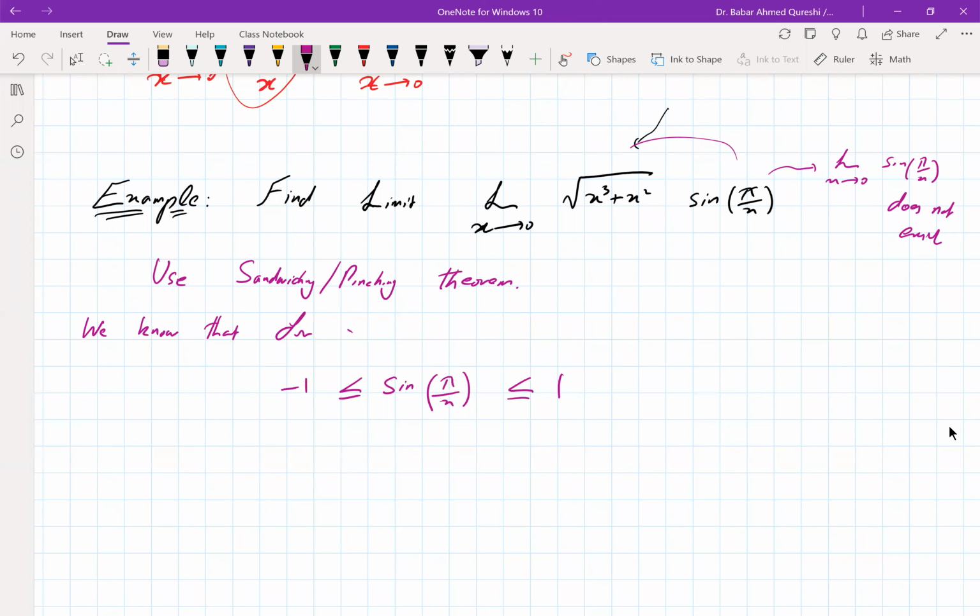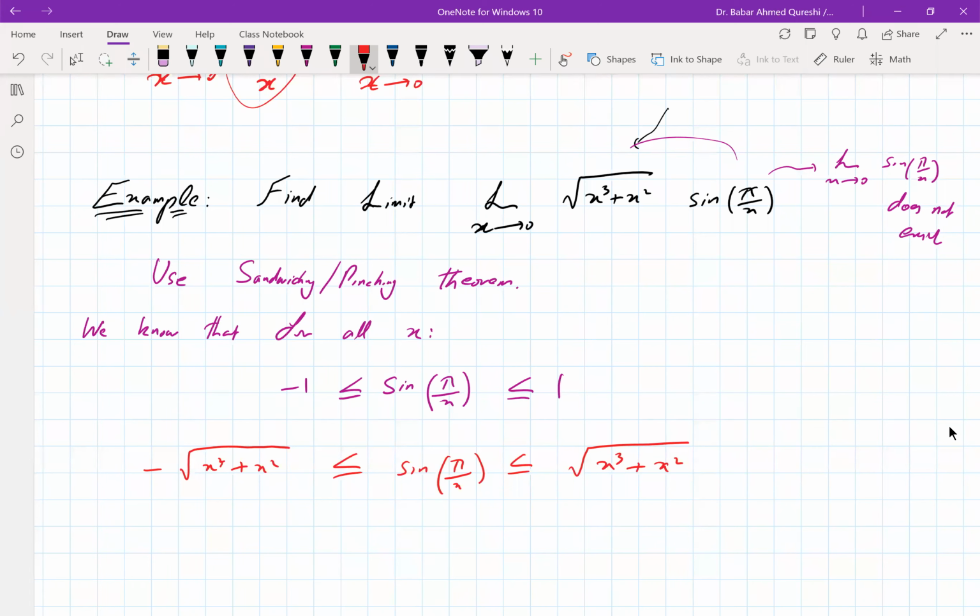For all x, this is true. So all I do is multiply with this guy. Now this function, I should write it here.